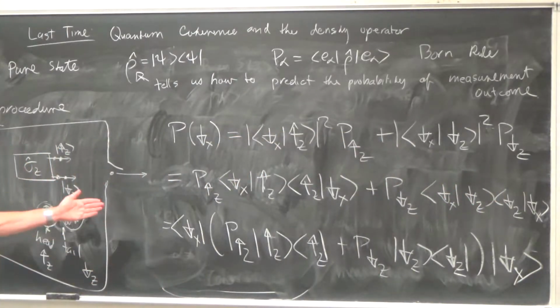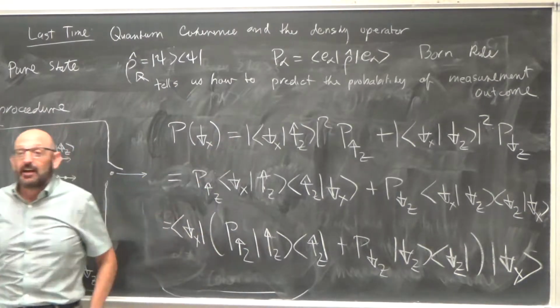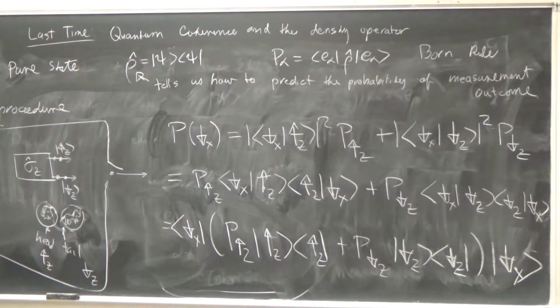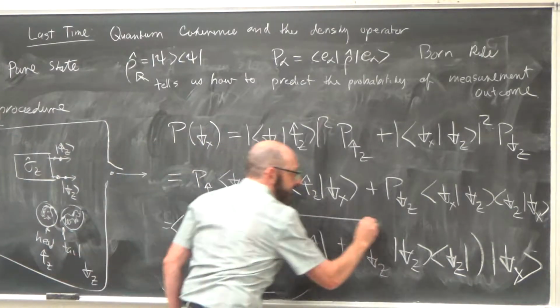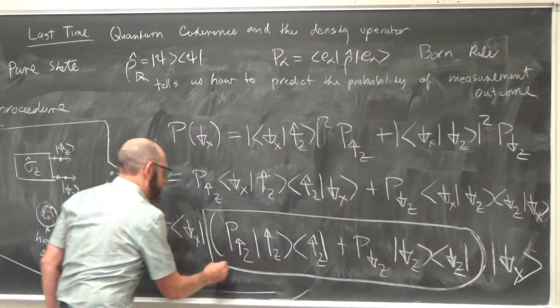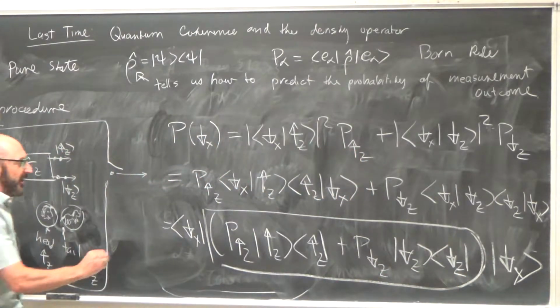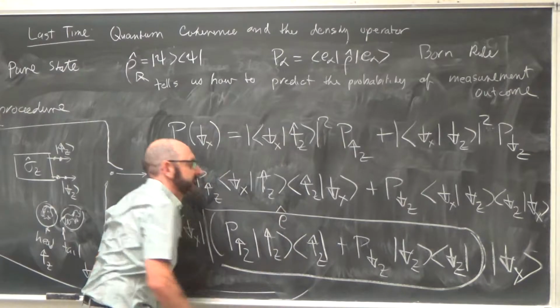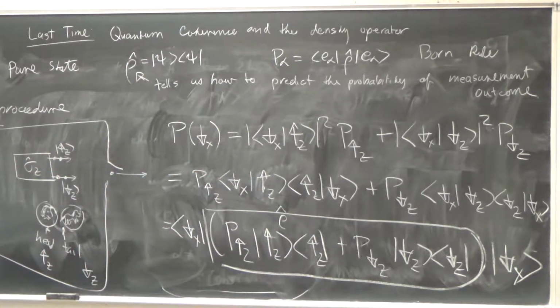So I just unfolded those squares of the Born rules and used the linearity of the inner product to factor out. And what's inside here is rho, the density operator.